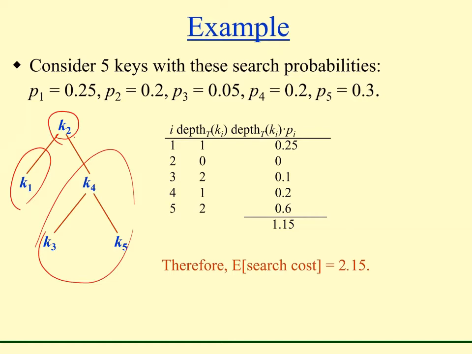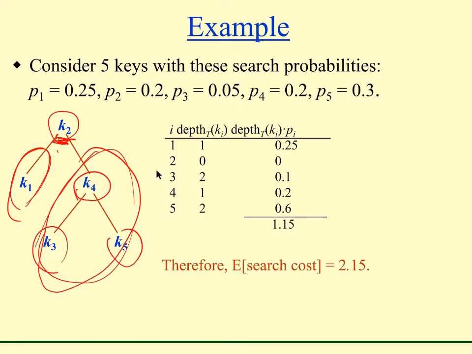Because K1, K2, K3, K4, K5 is already sorted. If you find this one, then all the smaller values will be on the left subtree, and all the bigger values on the right. Once you decide this root, you only have 1 here and 1 here.